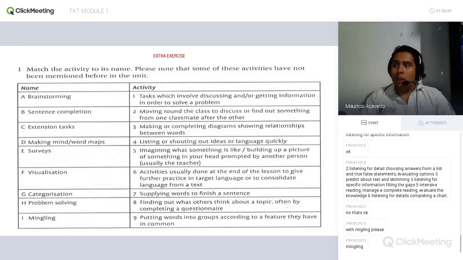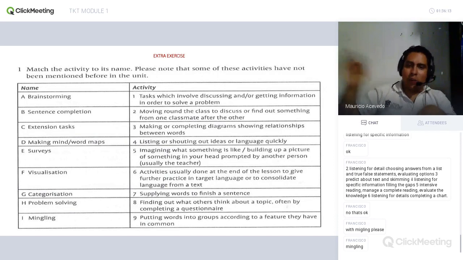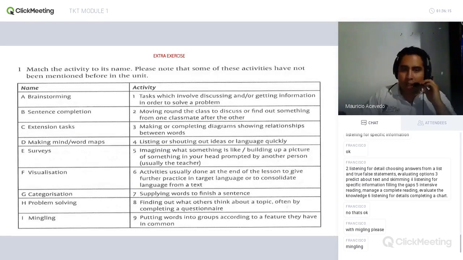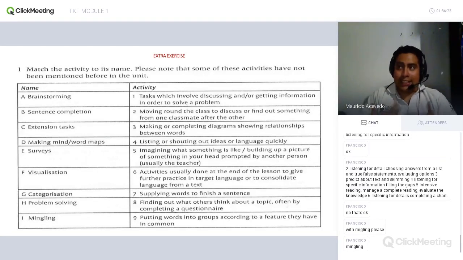For example, let's imagine that we have Pancho, Elena, and Laura. So Pancho, what is your favorite fruit? And Pancho says, my favorite fruit is banana. Then he goes to the next student, and he says, I guess your favorite fruit is watermelon.